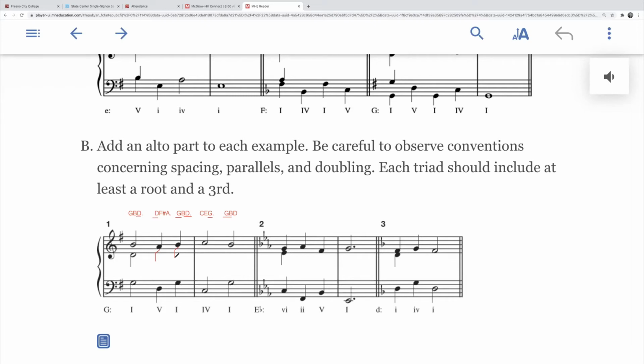We've doubled our root. We don't have a fifth. Is that okay? I got a thumbs up from Ethan.